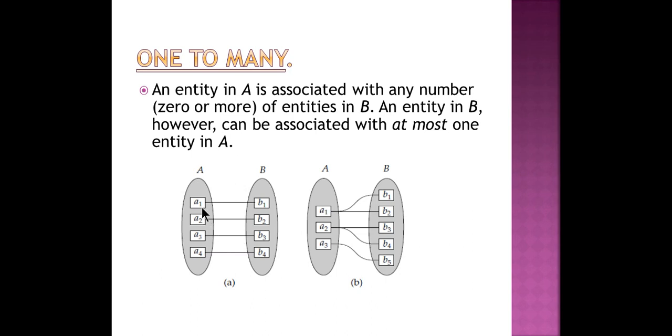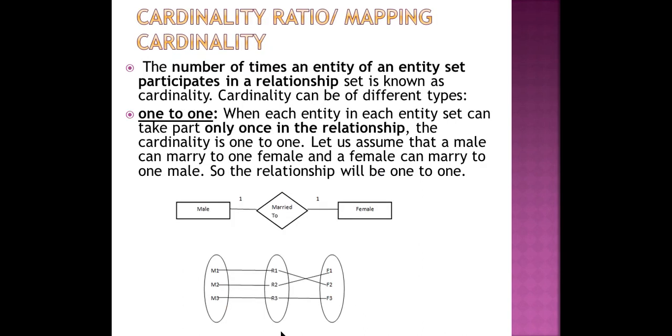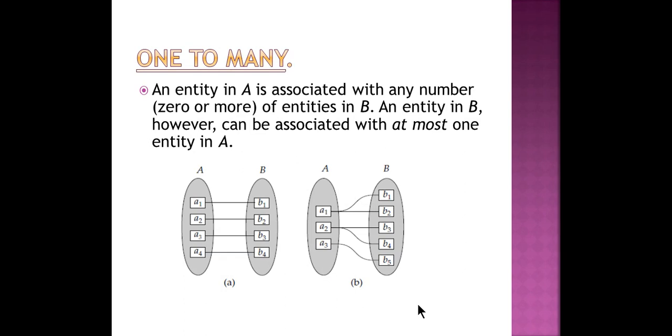Every entity in A is related to one entity in B. But in the second diagram, this is one to many. Or you can represent this diagram as shown in the previous slide. In this way also you can represent that diagram, right?